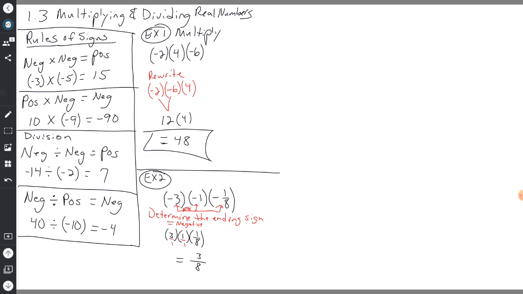And the sign, we have to go back and put the sign in. Well, the sign should be right in the middle there. All right, so 3 over 8. And we can't reduce that any further because nothing will divide into it except for 1.